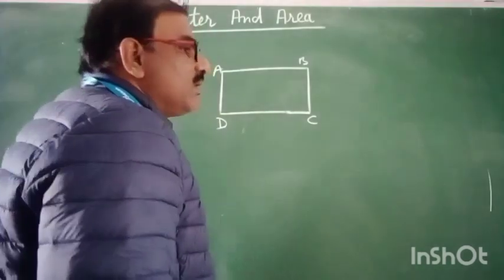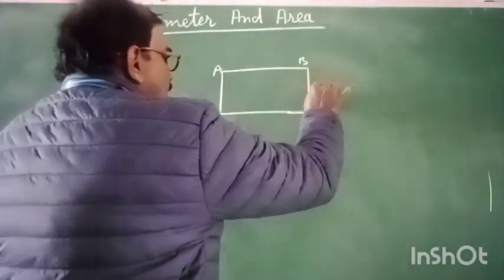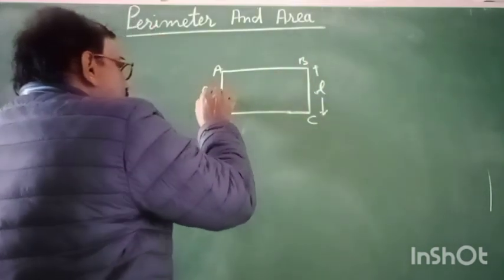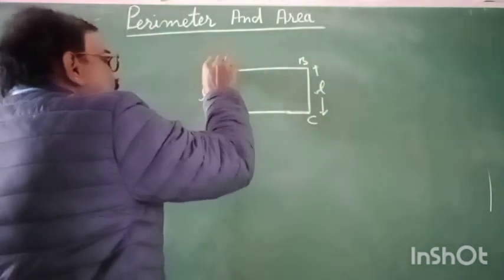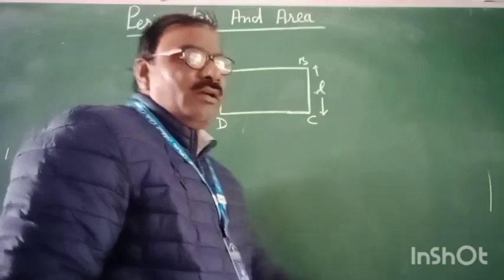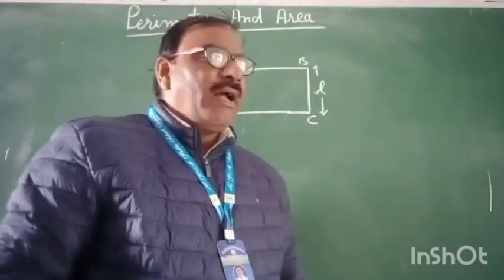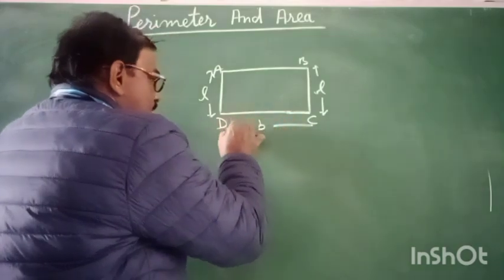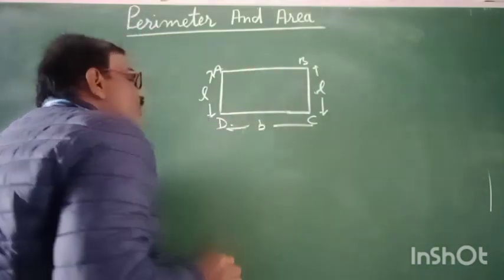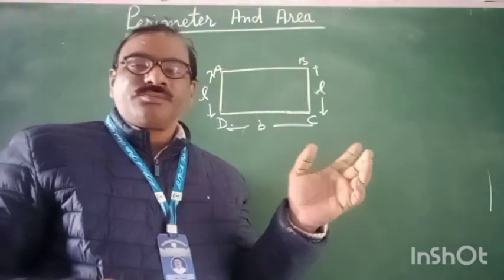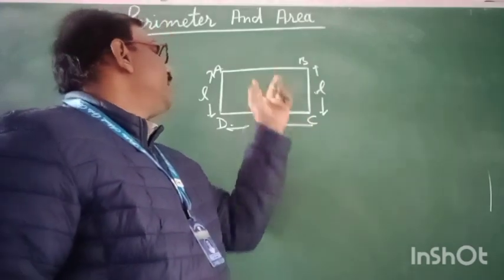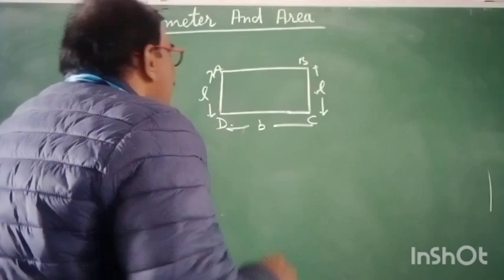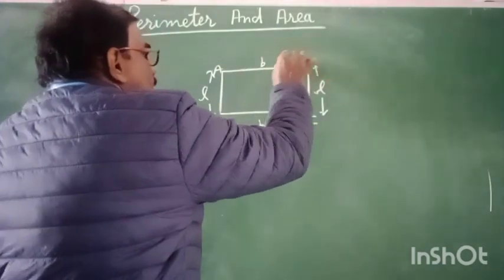So consider this is the length L, this is also equal to L, and this is the breadth of the rectangle. So if BC is L, then AD is equal to L, and AB will be equal to B.